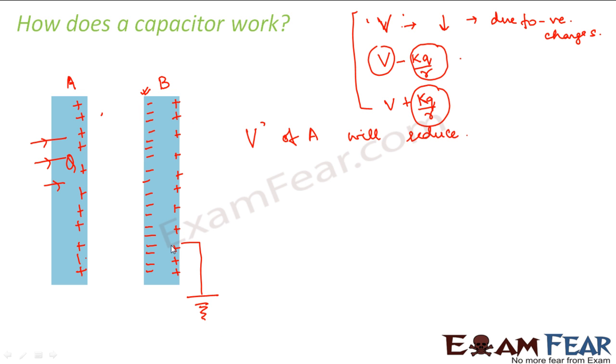So these positive charges vanish. Once they vanish, there is no increase of potential due to the positive charges. Therefore the decrease of potential is even more, and the more the potential decreases, the more is the scope of supplying more and more charge to plate A.